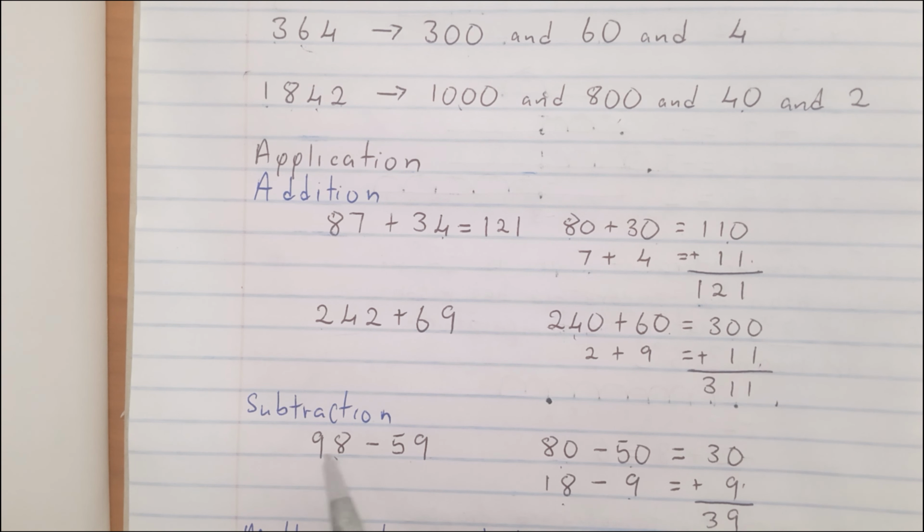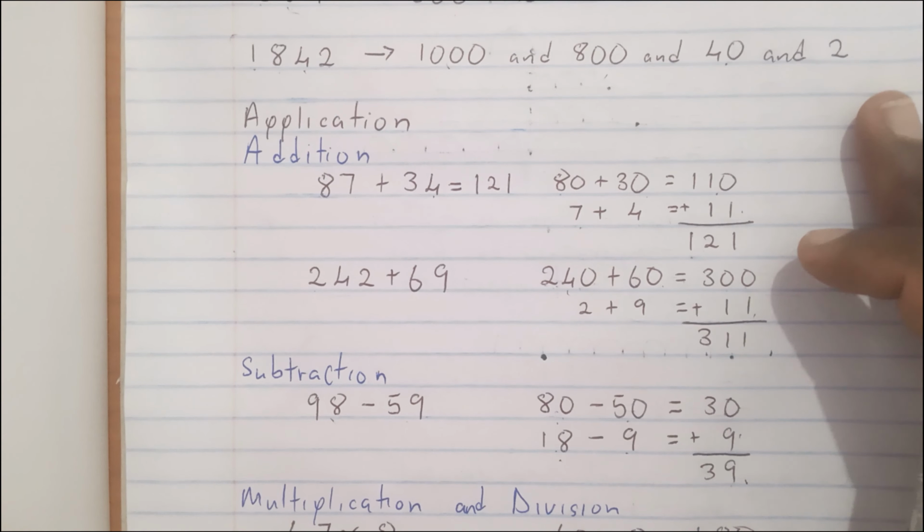So I have already borrowed 1 from the 90 so that it's left 80. And the 80 that is left, that's what is here. If I borrow 1 from the 9 to 8, it gives me 18. So 18 minus 9 is 9, and the answer becomes 39.